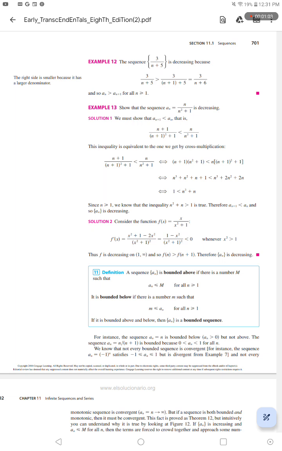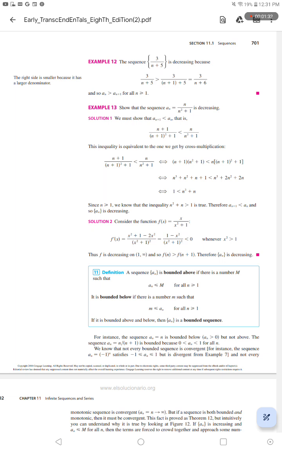That is, (n+1)/((n+1)²+1) is less than n/(n²+1). This inequality is equivalent to the one we get by cross multiplication.